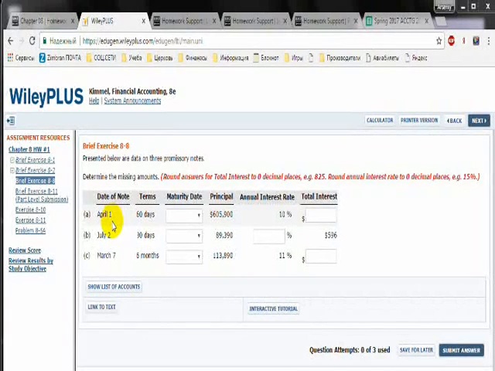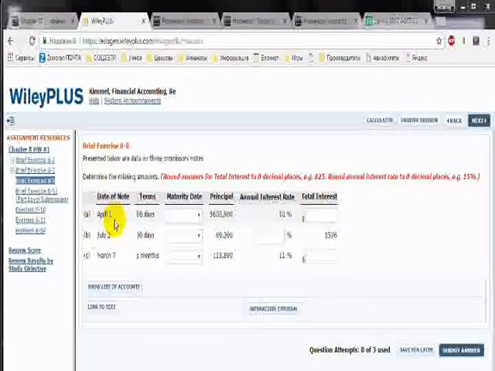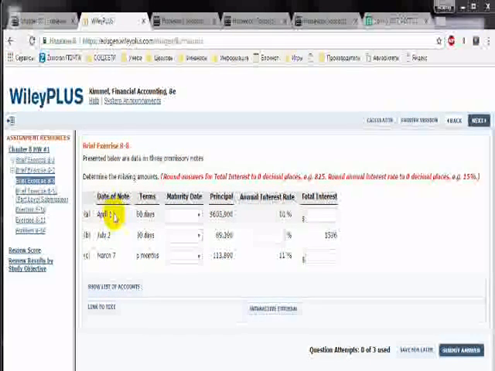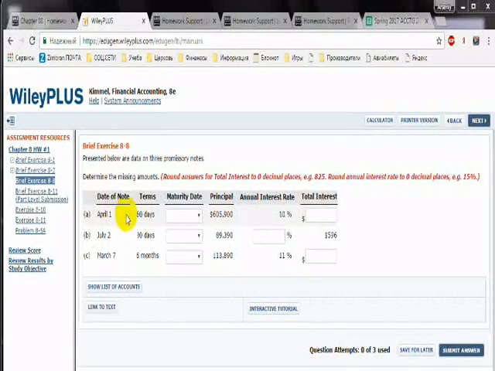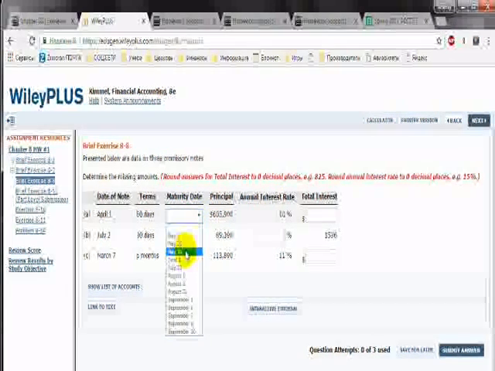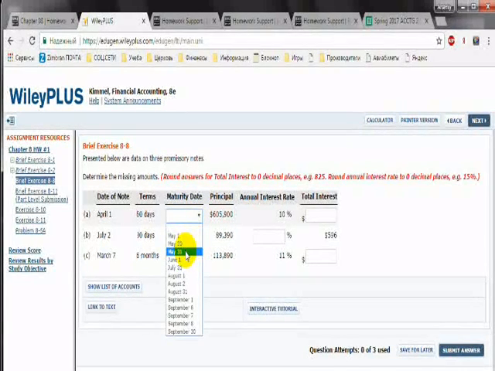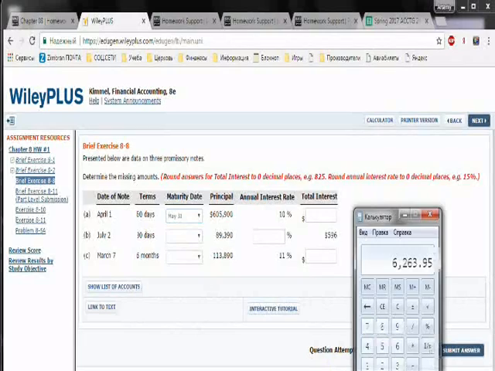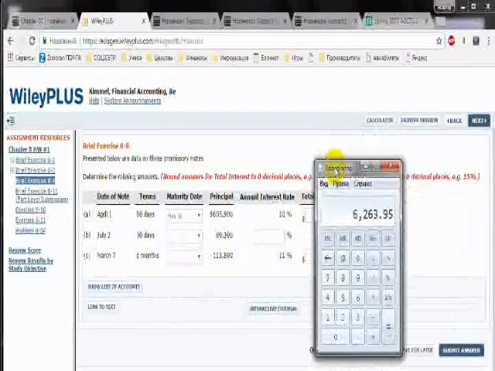April 2nd will be the first day, April 3rd will be the 2nd, April 4th will be the 3rd, and etc. If you count it accurately, it will point you directly to May 31st. I have done that. This is the maturity date.